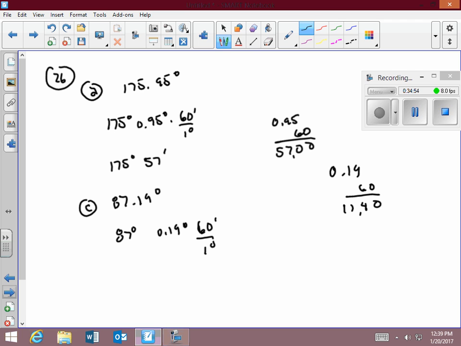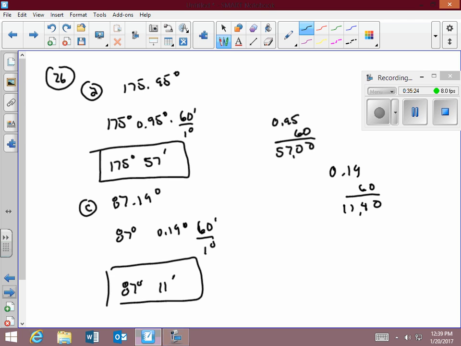Now it says to round 87 degrees, 11 minutes, because you'd round down, I guess, if I multiplied right. 0.19 times 60. 6 nines are 54, 5 to carry, it's 11, isn't it? So that's the way you do those problems there.